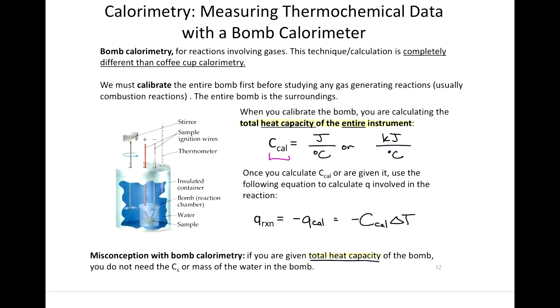Typically you are given this total heat capacity of your calorimeter. So basically we can calculate Q of our reaction if we calibrate our calorimeter and we know the temperature change of our calorimeter. So with bomb calorimetry, the calculations are actually a lot easier.